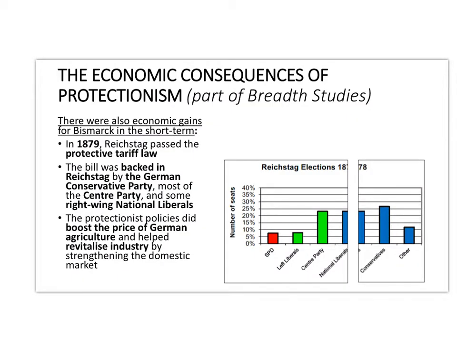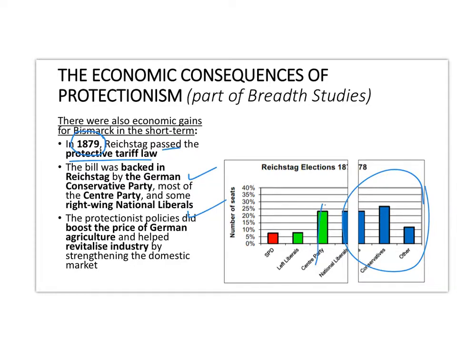So, economic consequences, again, this is just the detail. So the economic gains for Bismarck, okay. Know the details. So we often say protectionism formally began in 1879 when Bismarck passed through the Reichstag the protective tariff law. It was backed in the Reichstag by these groups here, okay, the German Conservative Party, the right-wing National Liberals, and some of the Centre Party.